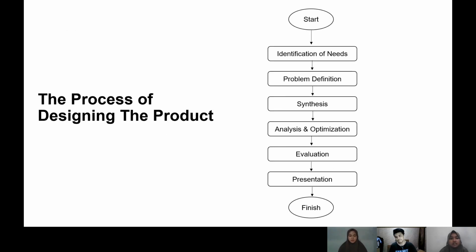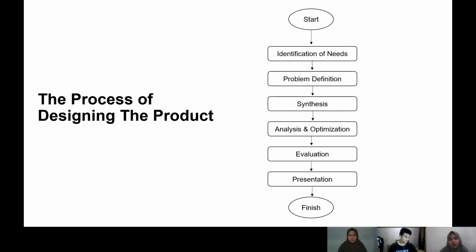The process of designing the product. Here, we start from the identification of needs, and after that, we have to know the problem definition, and then we start to create the synthesis.